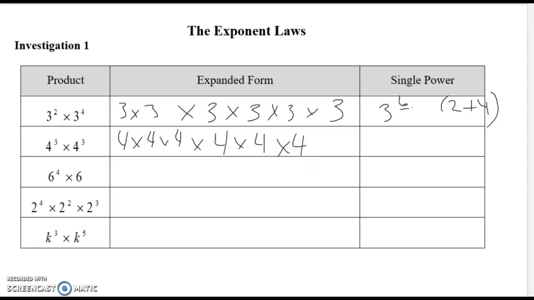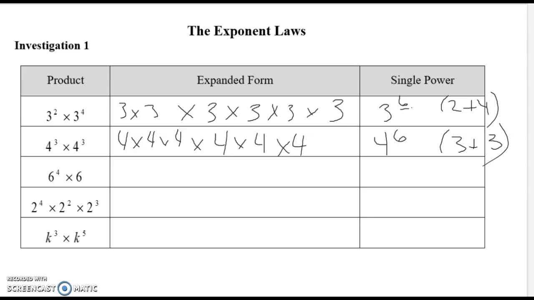When we look at the single power, we know the base is 4, and then we have 1, 2, 3, 4, 5, 6 in total. If we added both exponents up, 3 plus 3 gives you 6. Not coincidental.